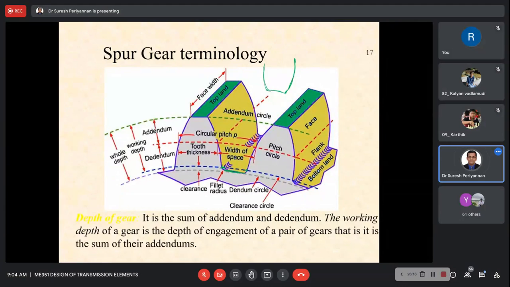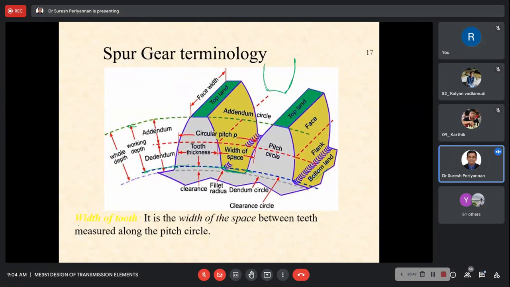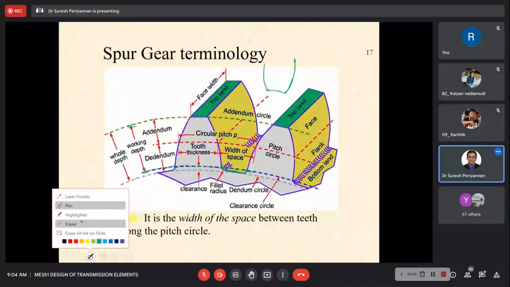It causes more wear and tear, damaging the bottom land or bottom surface. Hence only up to this depth we are allowing. That is the working depth of the gear. Now, next one is width of the tooth.